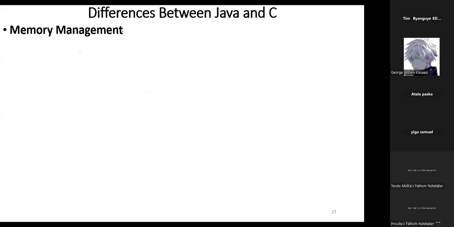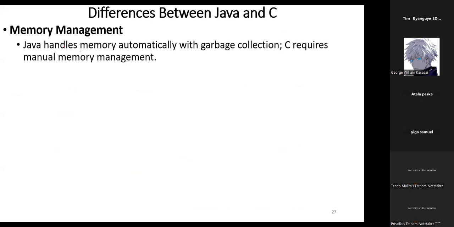In terms of how memory is managed, you will not see those things called pointers that we talked about with C. I don't know if the C++ people went as far as pointers, but you will not see pointers here in Java, because Java automatically has its memory managed through something called the garbage collector, or garbage collection.